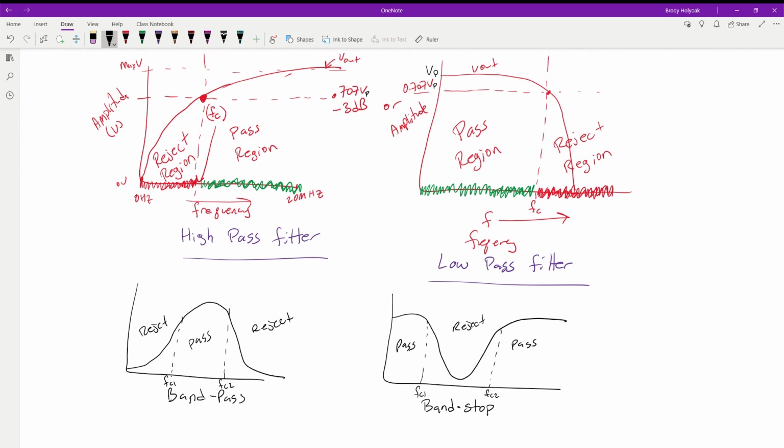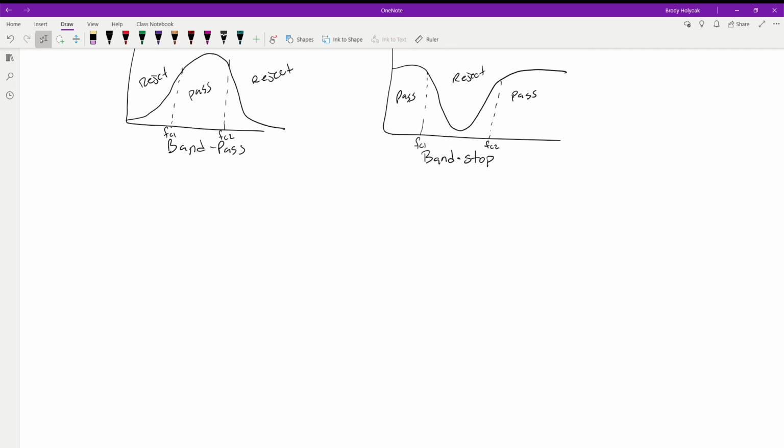And then our band pass, band stop, they have a frequency range that they will run between, and we'll figure out how those are controlled. So it has two critical frequencies, a high and a low, and then the band stop rejects a specific frequency. So like I said, we'll talk about all those in the next video or two. I just want to give you an idea of what is going on.